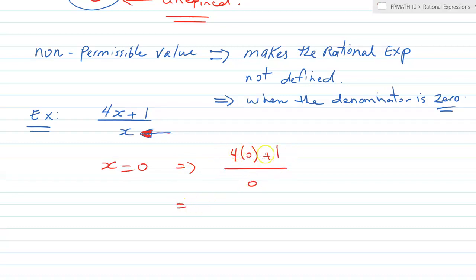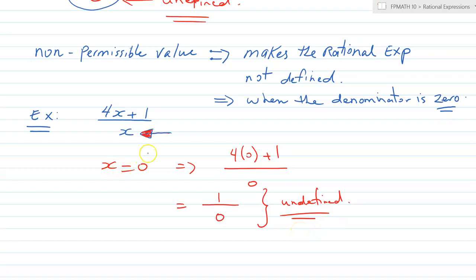We don't really care about the numerator, but let's do the math: 4 times 0 is 0, plus 1 is 1, 1 over 0 again, and that makes the entire expression undefined.